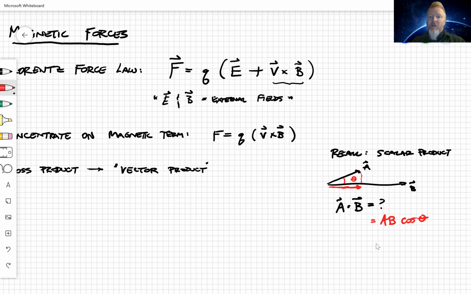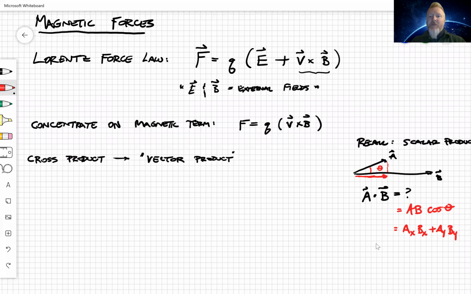And there's your angle there. Or if you're doing it with vector components, it would be the x components of each one multiplied together plus the y components of each one multiplied together, right? Like this, ax bx plus ay by. All right. So this is not that.